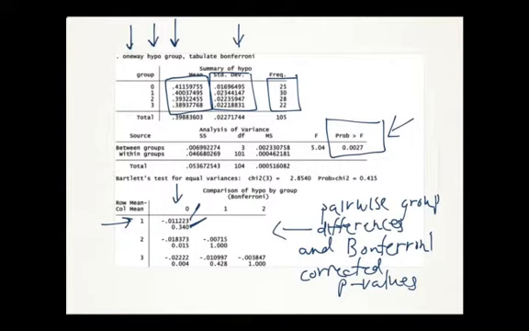So similarly here, this is the comparison between group 1 and group 2. The mean difference is negative 0.00715, and the p-value is 1. Remember, p-values are probabilities, so these p-values are getting multiplied by 6, as we have 6 different comparisons: 1, 2, 3, 4, 5, 6.